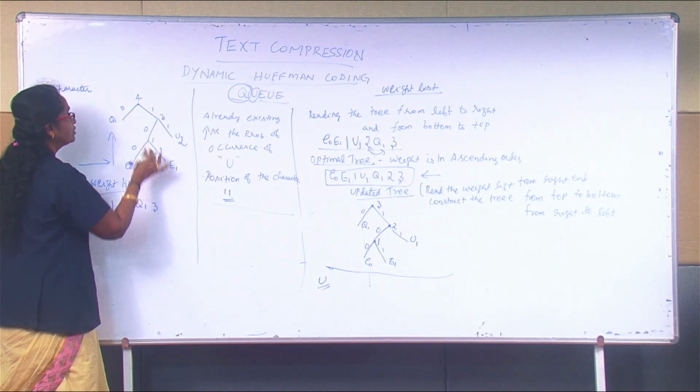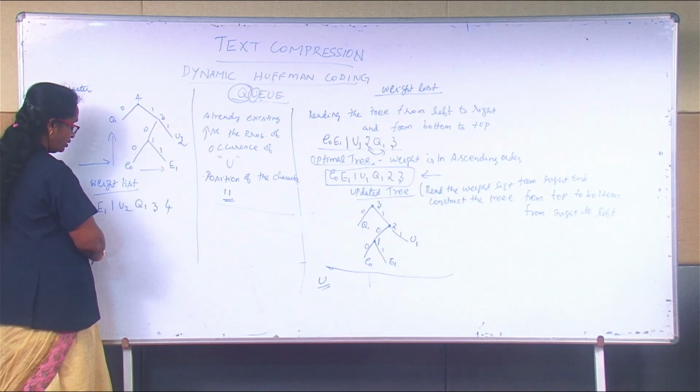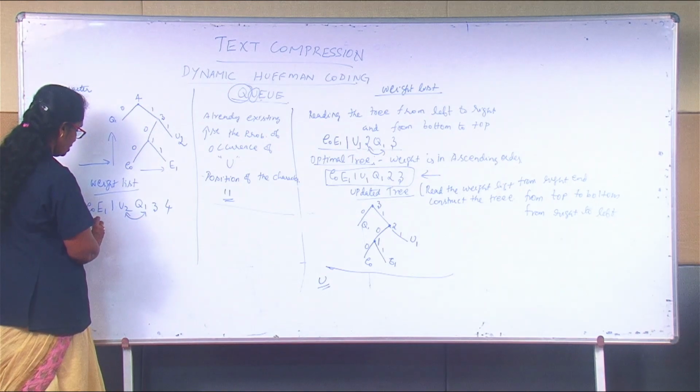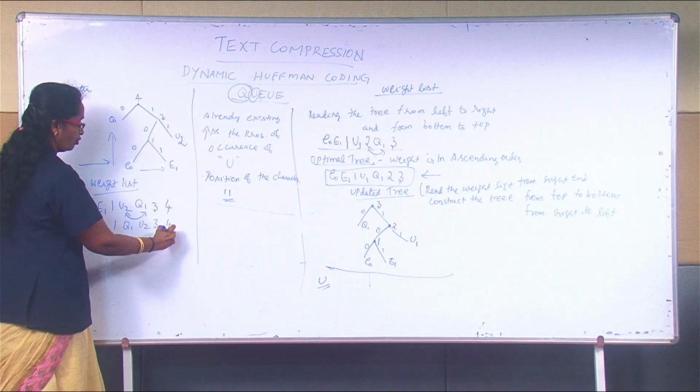Q1 and 3 and the next level is 4. You observe the weight list, whether it is in order? Definitely not. Therefore, we need to do the swapping. I am doing the swapping of this one. Therefore, E0, E1, 1, Q1, U2, 3, 4.